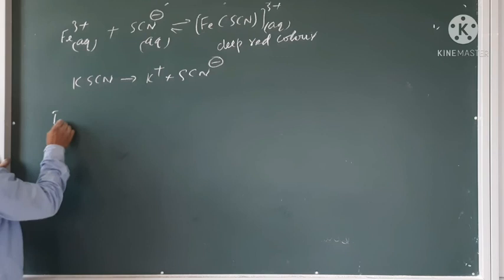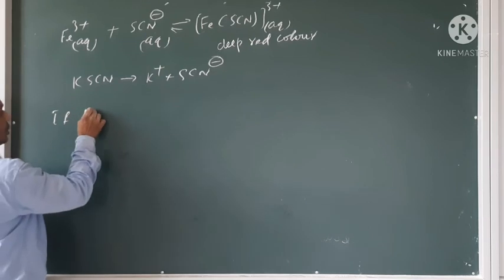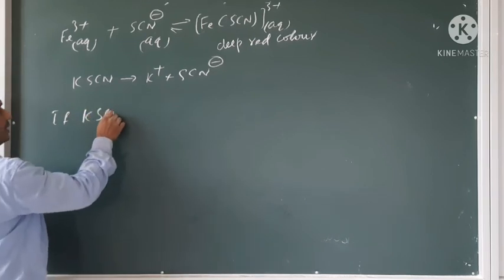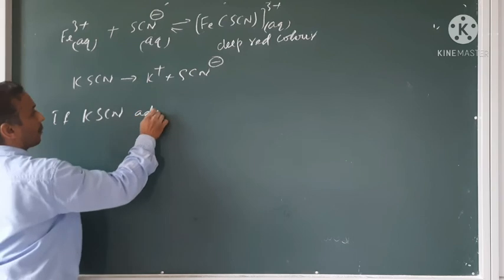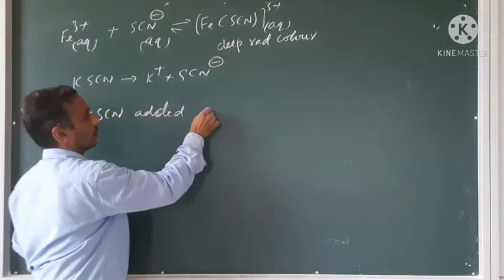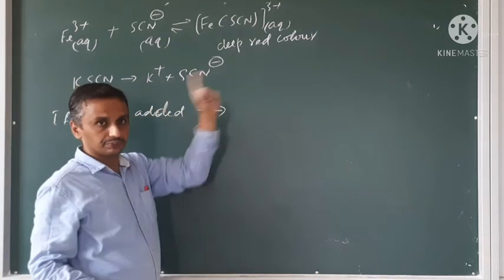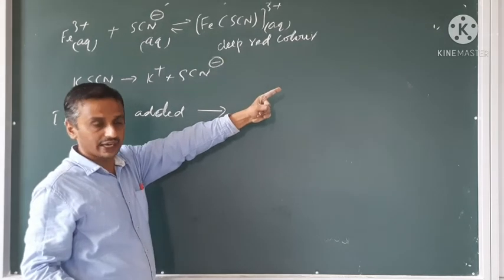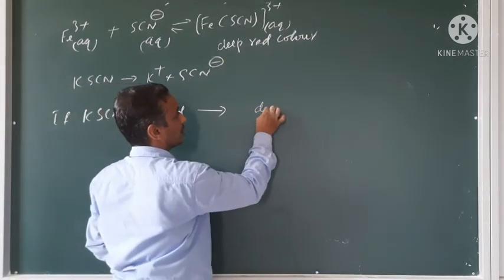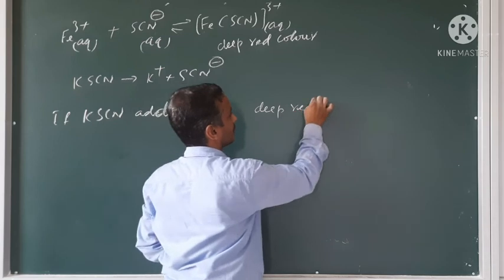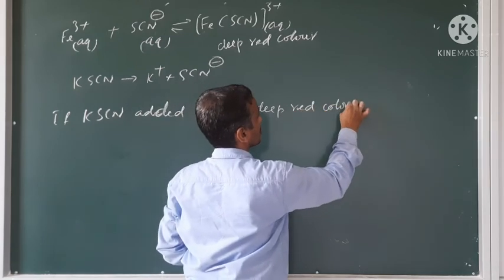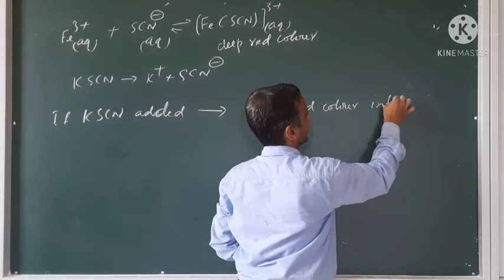So if KSCN is added, the reaction proceeds to the right side, which means the deep red color intensifies.